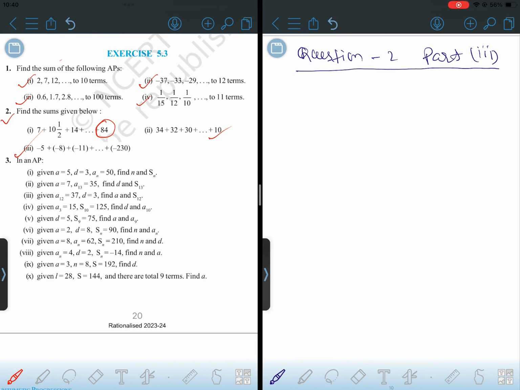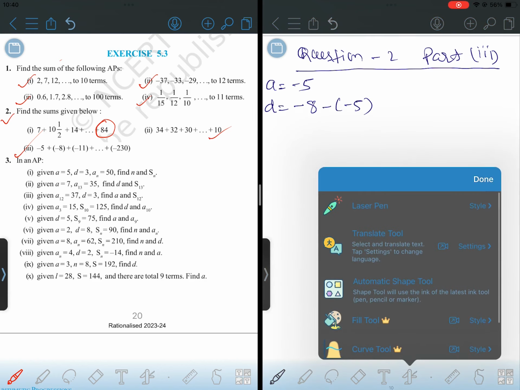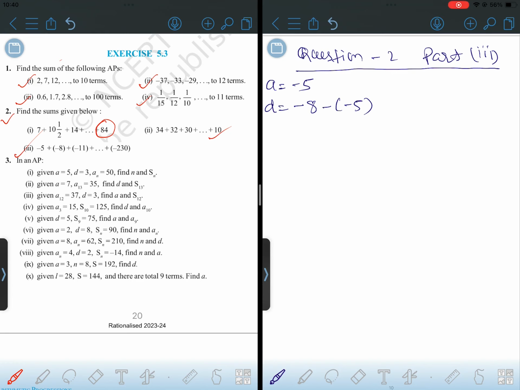So again, we are given the first term a is equal to minus 5. The common difference you can find out by a2 minus a1, that is minus 8 minus (minus 5). That gives us minus 8 plus 5 is equal to minus 3, right?